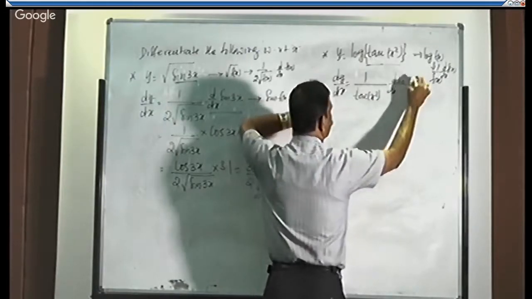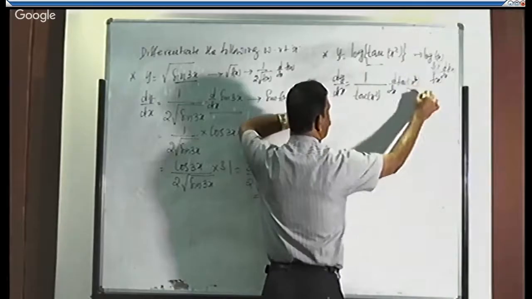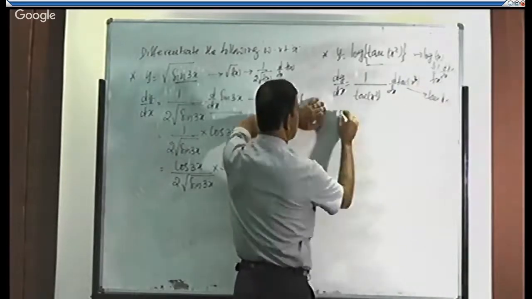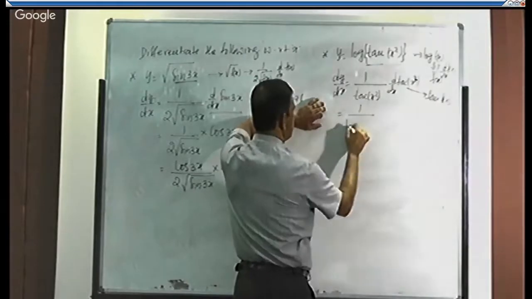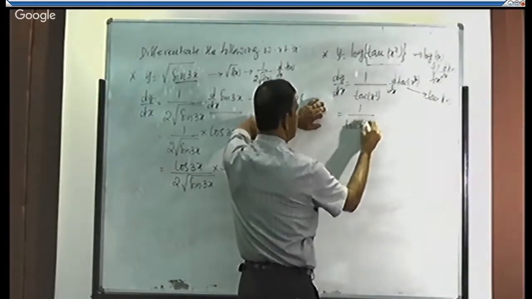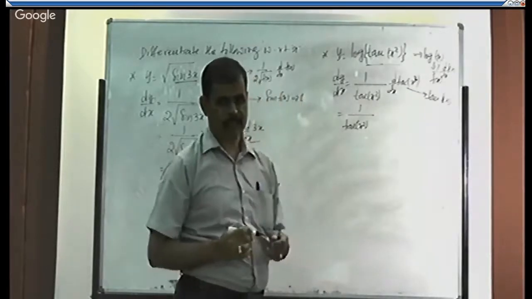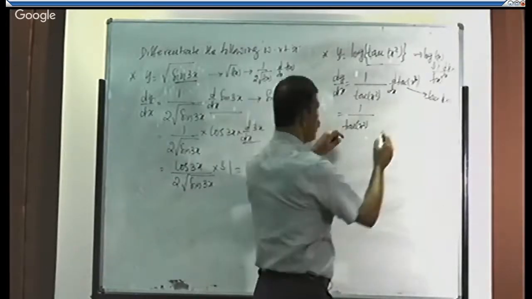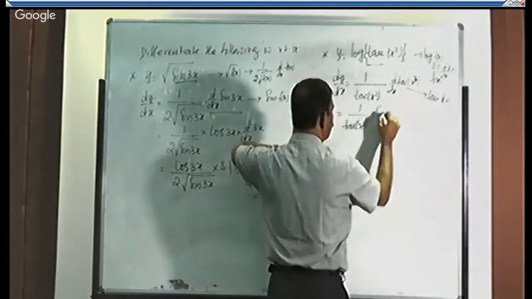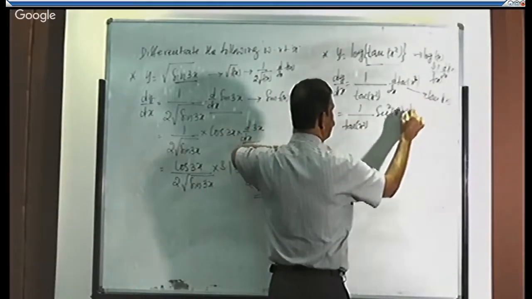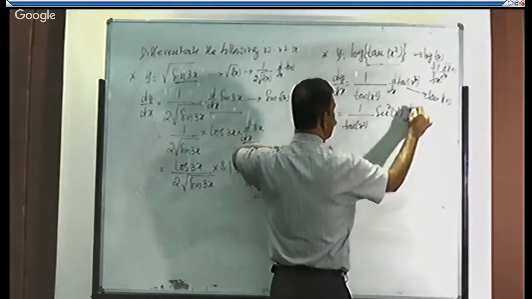This tan of x square is treated as tan function. So 1 by tan of x square into differentiation of tan x. Differentiation of tan x is what? Secant square x, right? In place of x, we have x square. So write secant square x square into d by dx of x square.